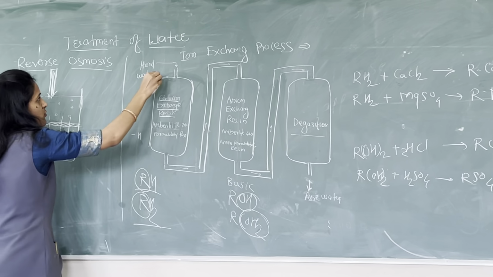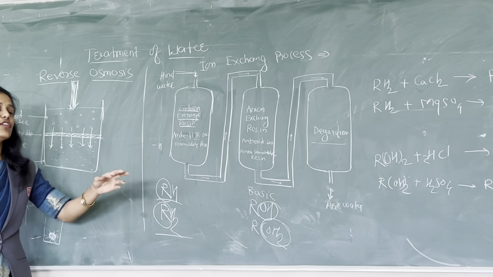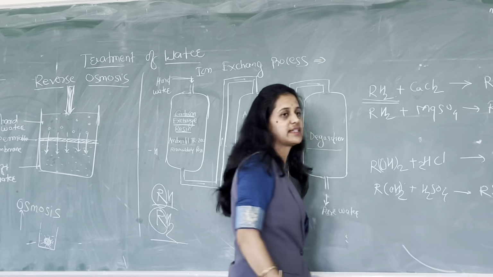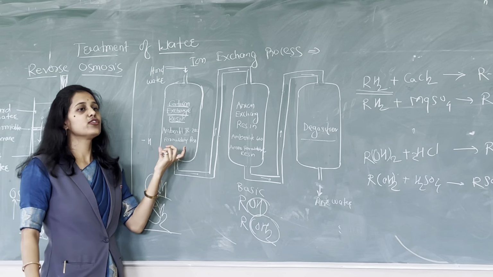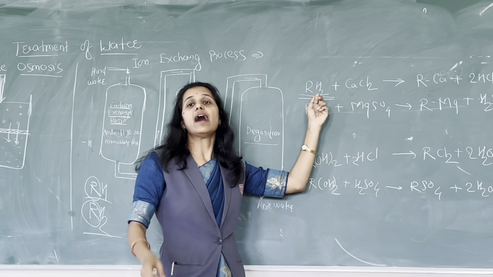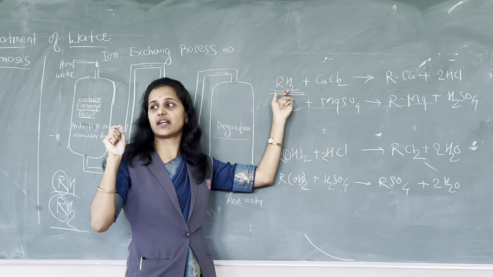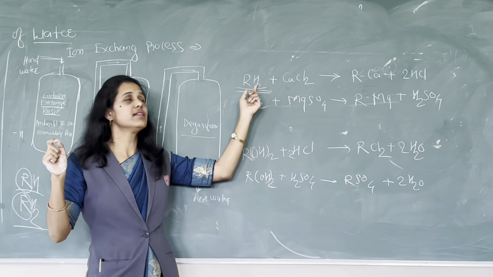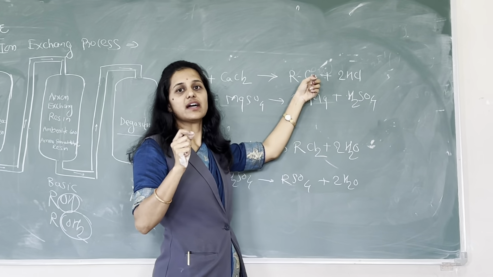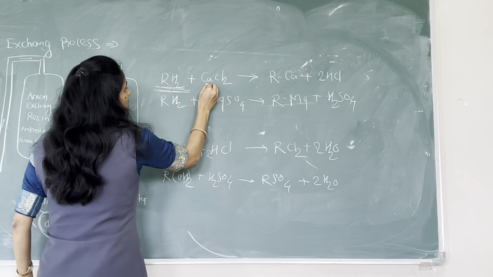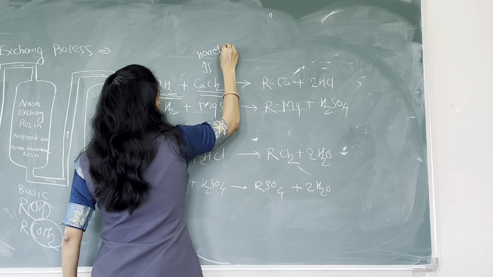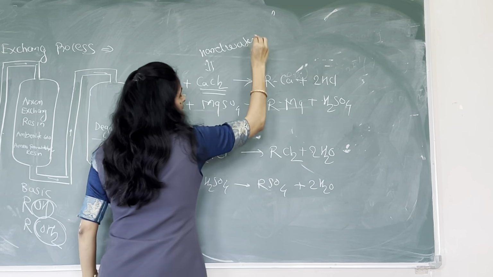When water enters the first tank, which is filled with the cation exchanger resin, here is the reaction which takes place. The first container is RH2, the cation exchanger resin having the acidic functional group, which is capable of exchanging the cation. RH2 combines with the hardness causing salts.